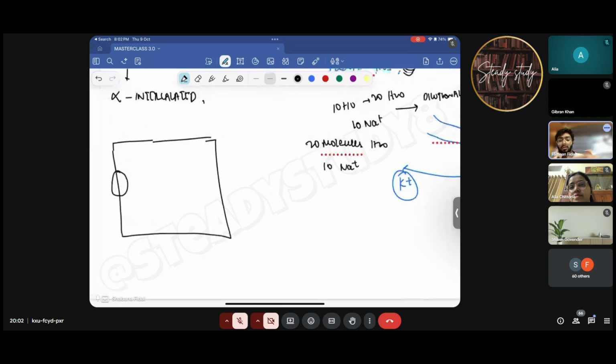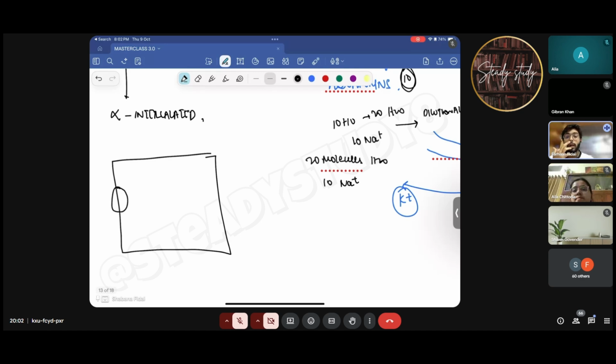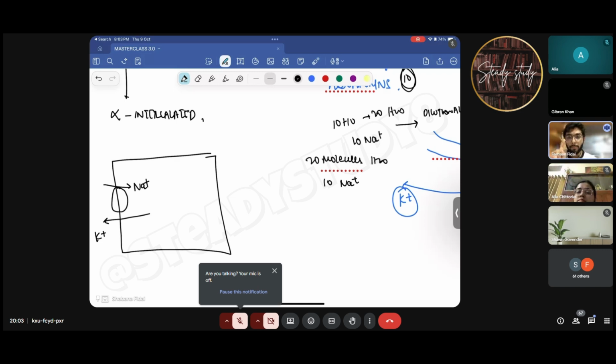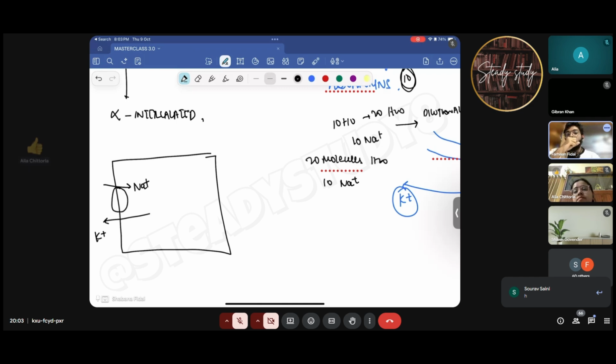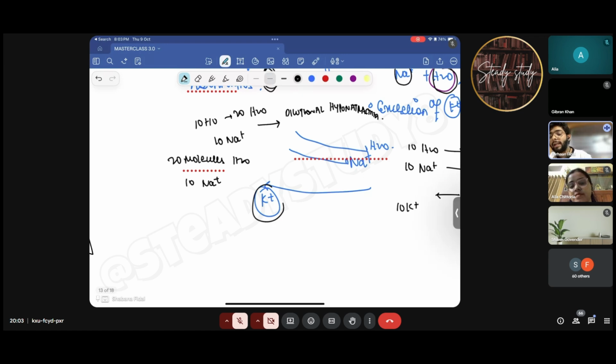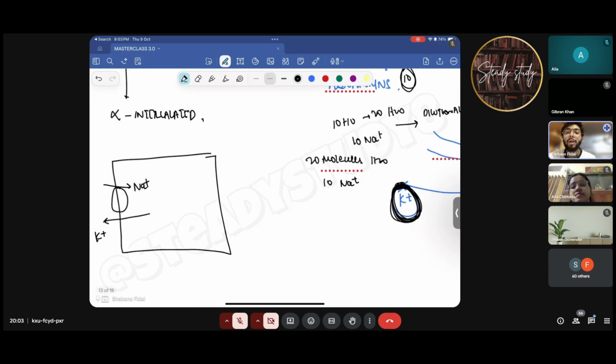Now, if you see the alpha intercalated cells, what they are doing is pulling in sodium. Now, what did I tell you? In order to pull in sodium, what do I have to give out? Potassium, correct? I have to give out potassium if I want to pull in sodium. But do I have potassium? My RAS has already exhausted my potassium. Potassium is gone. So what does the alpha intercalated cell do?